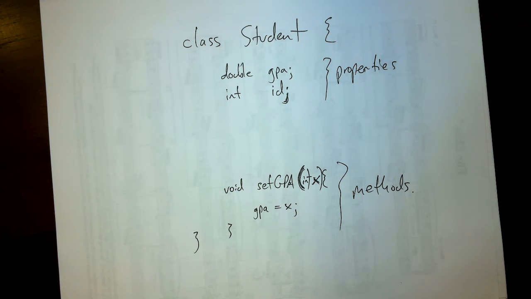And in order to create a student, we need to have something called a constructor. And the constructor, which builds an object from a class.